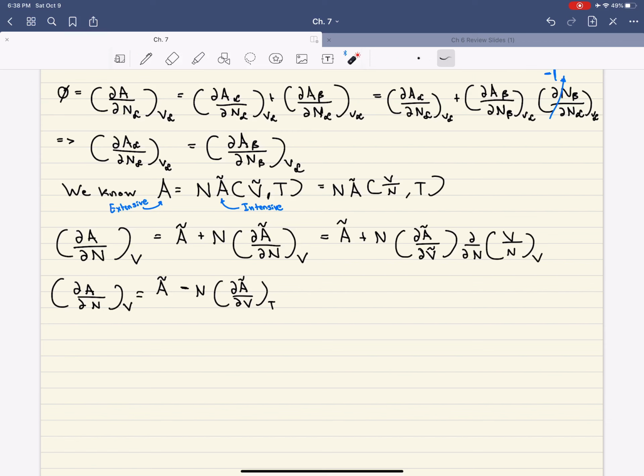And if we take the derivative of this with respect to N, the V is constant, you could pull that out, right? And the derivative of 1 over N with respect to N is negative 1 over N squared, okay? So we have this. And once again, we have dA dV at constant T. And we know from earlier that this is just equal to negative pressure. Okay?